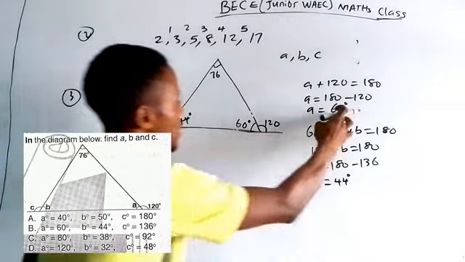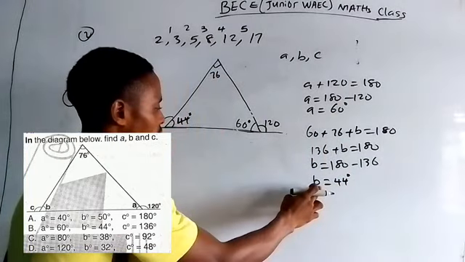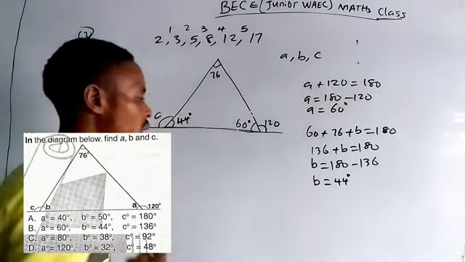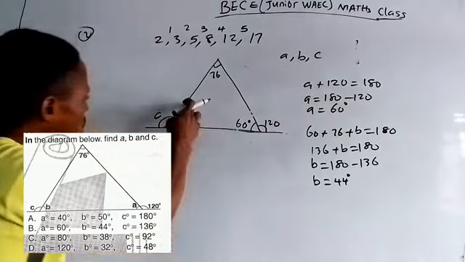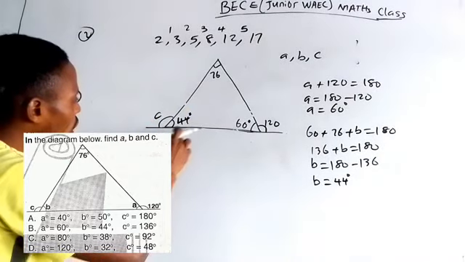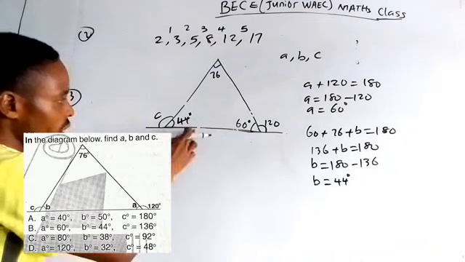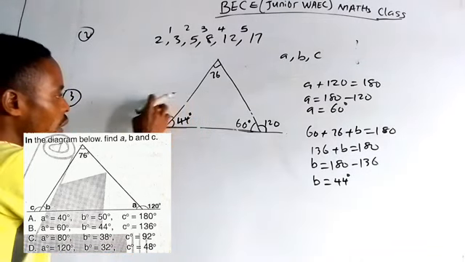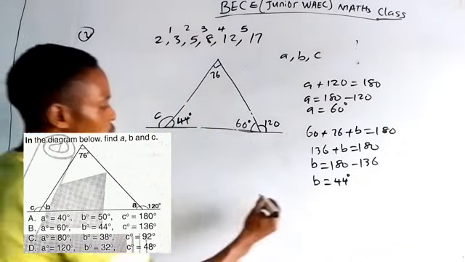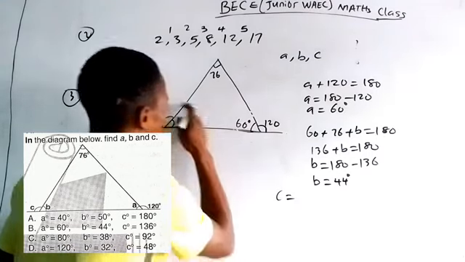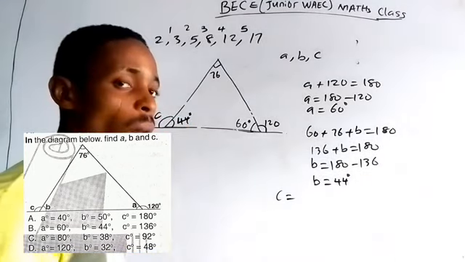So what will be the answer for C? We have our A as 60, B as 44, and what will be the answer for C? To get your C now, you also consider the sum of the angles on a straight line. Here we have a straight line. The sum of the angles on a straight line is also equal to 180.